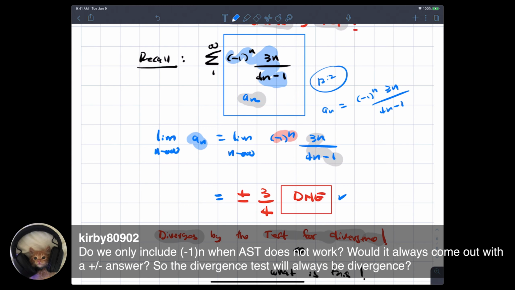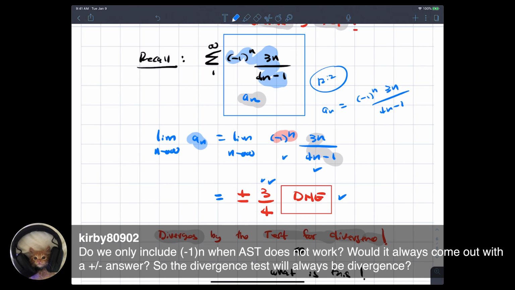So I took the limit of the whole thing, and that limit is really plus or minus 3/4. This is a very clever thing: when you are in the alternating series test mode and you see that the limit is not 0, what you can use is the test for divergence. Absolutely right, so Marbella was right. By the divergence test, you can show this thing diverges.